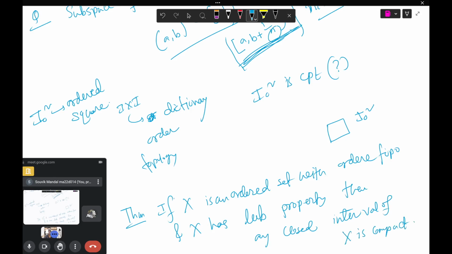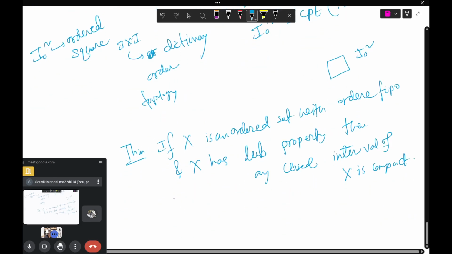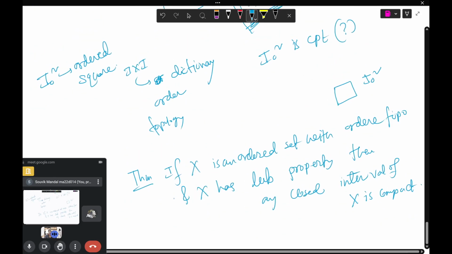So this is a fact. Now using this fact, I0 square is compact.